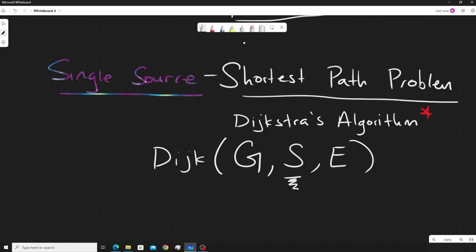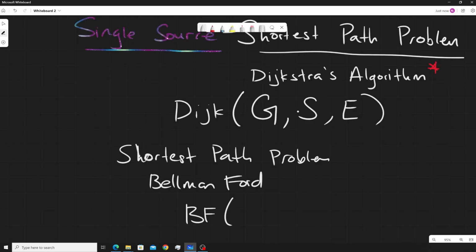Now this might seem like a very nuanced difference, but for the version of the shortest path problem that is not single source, for the actual shortest path problem, there is a different algorithm, which we'll be looking at, called Bellman Ford, which I'll abbreviate BF, which takes as its input just a graph.